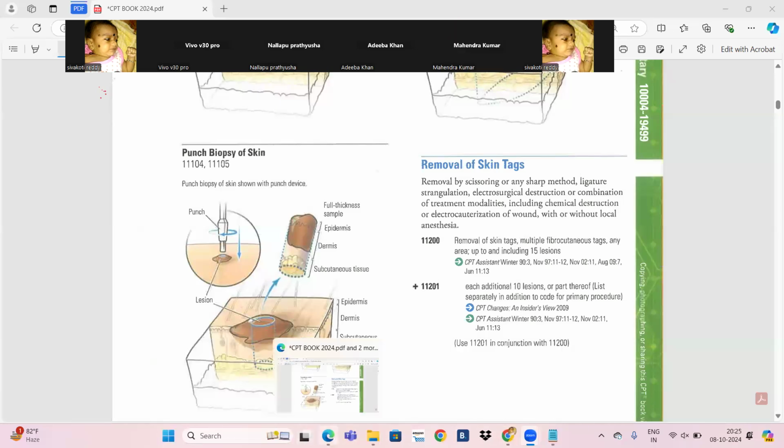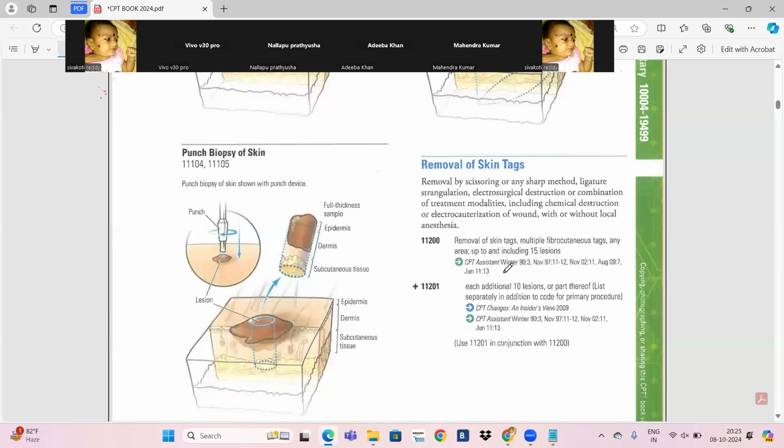See what they mentioned here: up to and including 15 lesions. Up to 15 we will consider 11200, only one code, one code up to 15 lesions. If they mention each, then you need to select the code for each lesion one time. Clear?